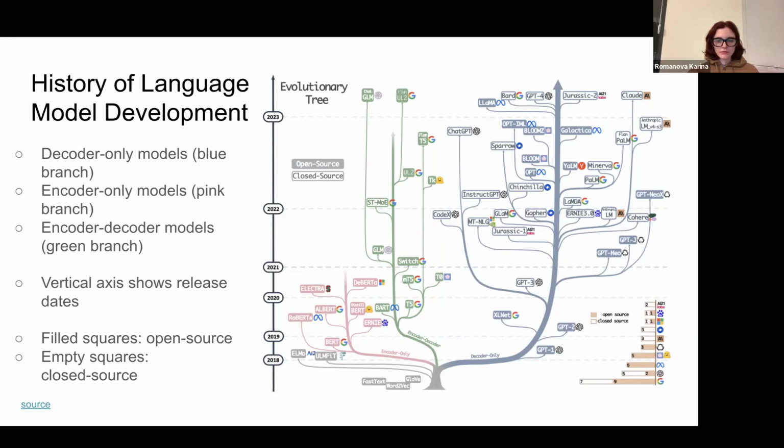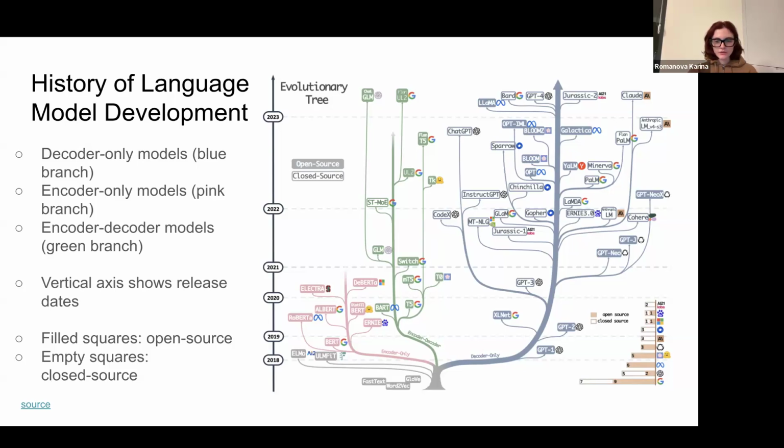And we can organize the evolution of large language models into 3 branches. Decoder-only models focus on generating text, GPT being the most notable example. Also, encoder-only models like BERT are designed for understanding context in text.